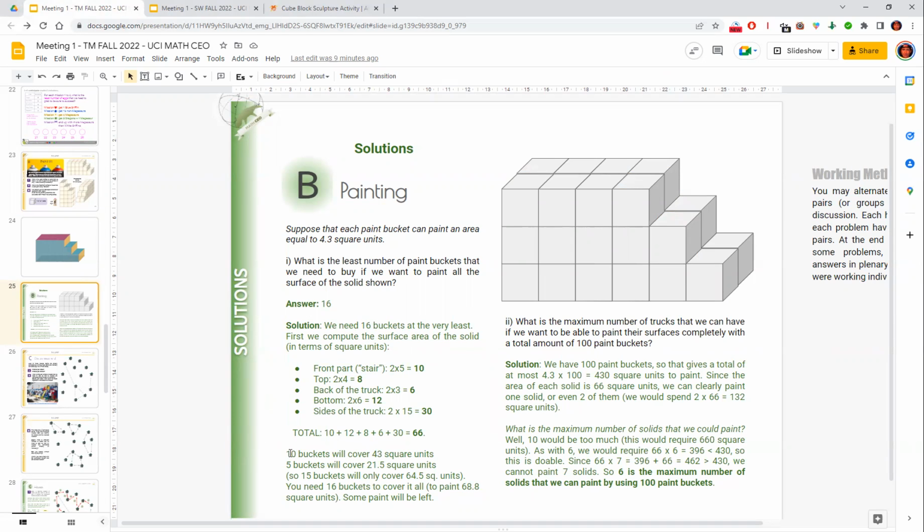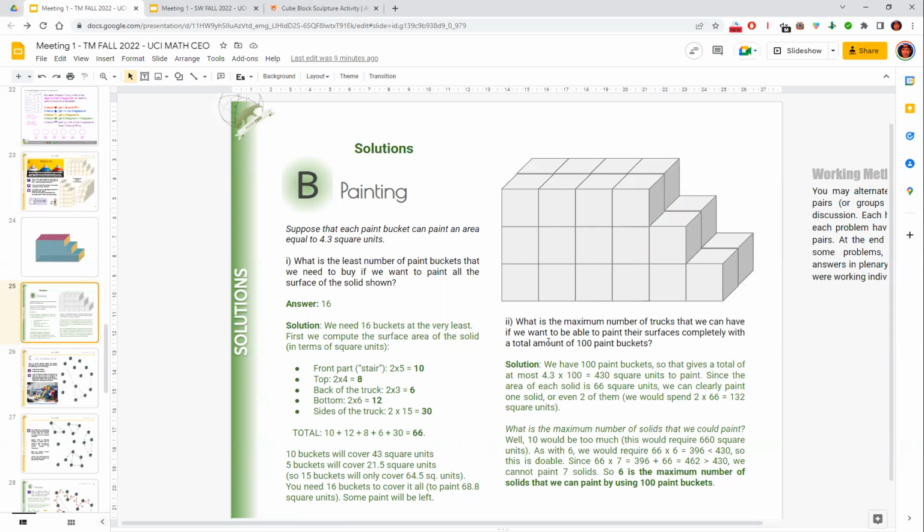For example, 10 buckets will cover 43 square units. 5 more cover half. And then if I add 15 buckets, we'll cover 64.5. So we're almost there. You need 1 more bucket, right? Because the area is 66. And with 15 buckets, you almost get it, but you don't. So some paint will be left.